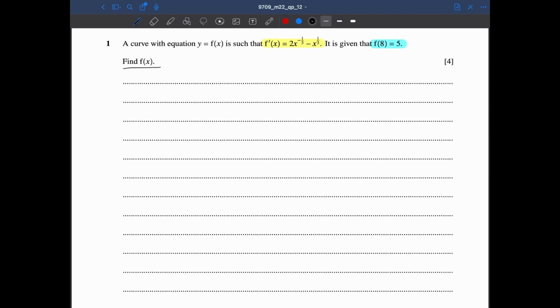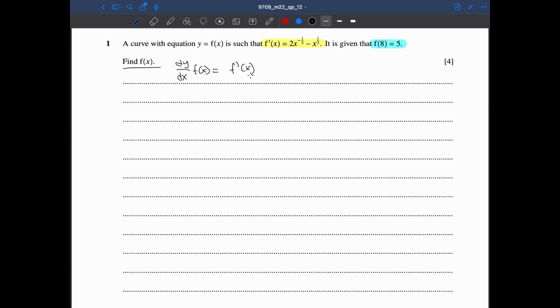All right, so how do we approach this question? We have f prime x. That's basically the derivative of f of x. So we know that dy/dx of f of x equals f prime x. So now we need to perform the reverse operation.